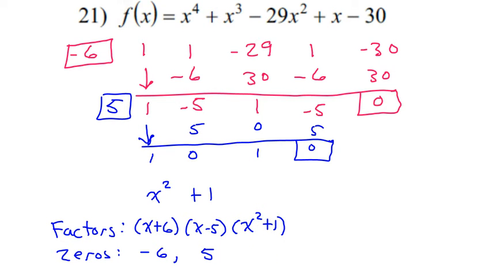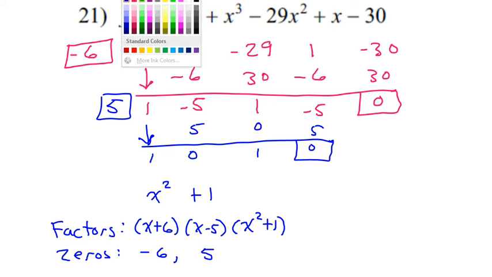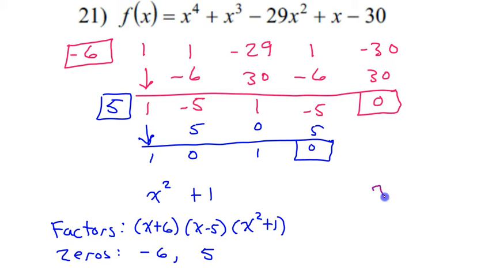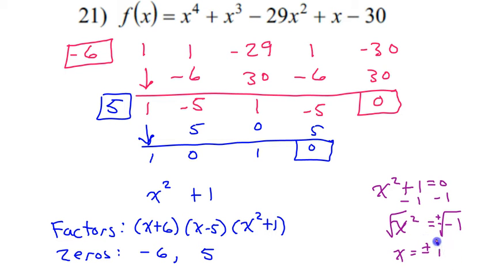Now to find the remaining zeros, I could just set x squared plus 1 equal to 0 and solve. So I subtract 1 from both sides. That gives me x squared is equal to negative 1. I take the square root of both sides. Don't forget your plus or minus. So x is equal to plus or minus. Now because there's a negative under there, I'm going to have i.